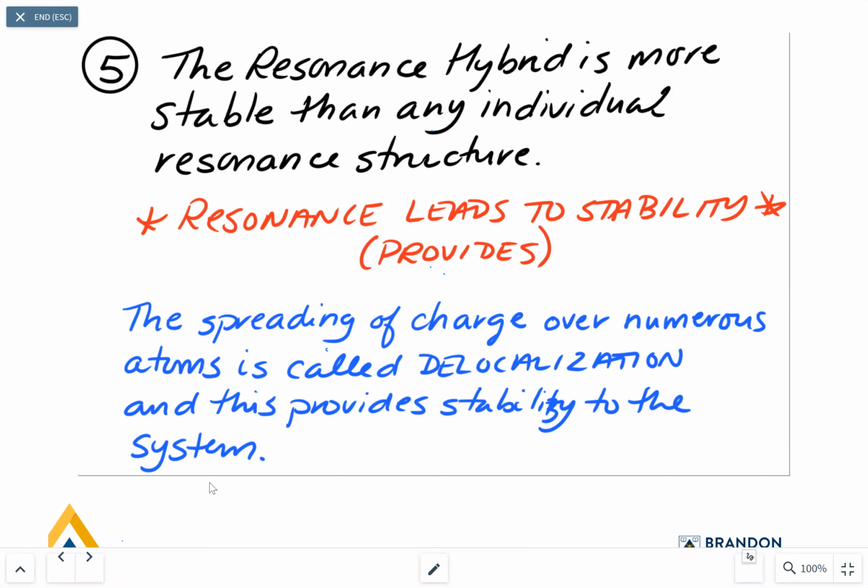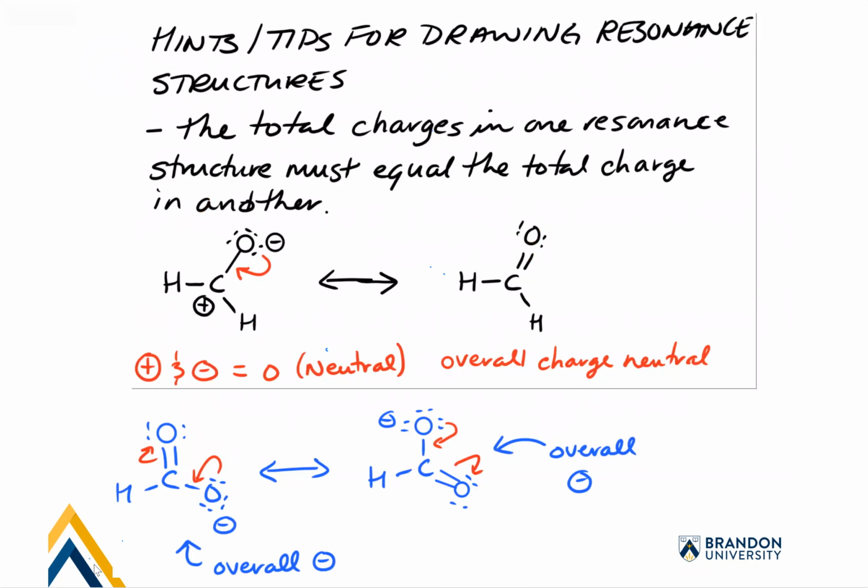Now, 9:43. We've got about 5 minutes left. The next part of this is going to be about hints and tips for drawing resonance structures. It's probably best not to start that right away.